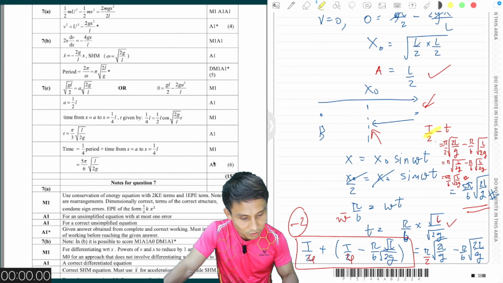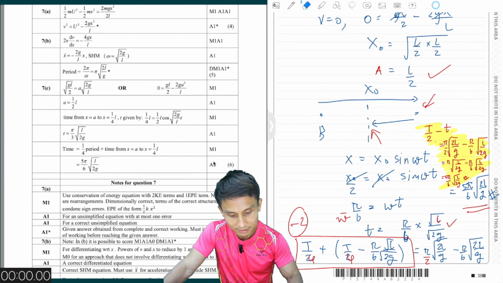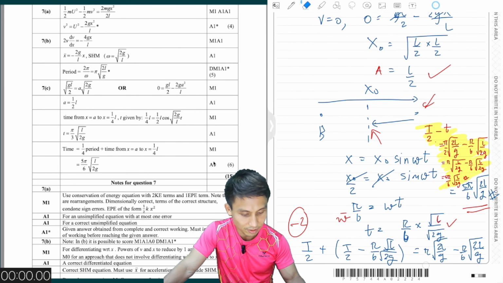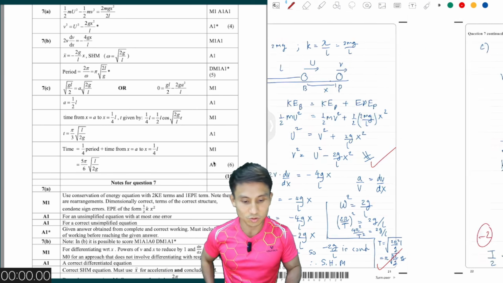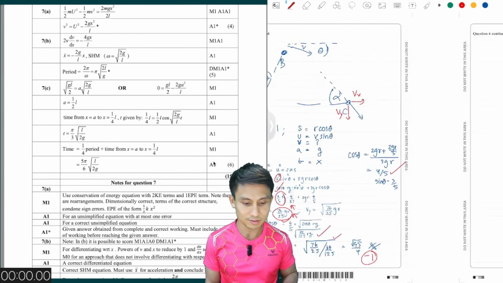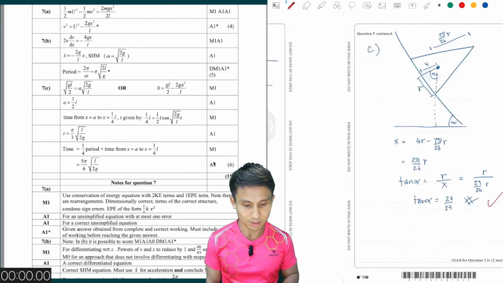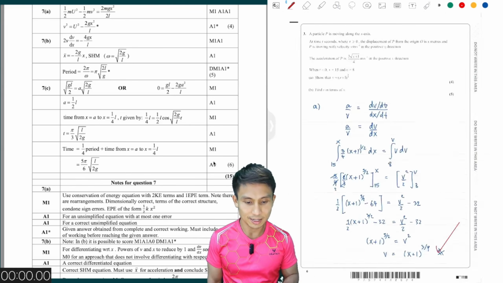So you guys, when you see my work, you just look at this for this question. And I lost 2 marks there. Okay. So I lost in total 3 marks, right? 1 there. And then that was it.